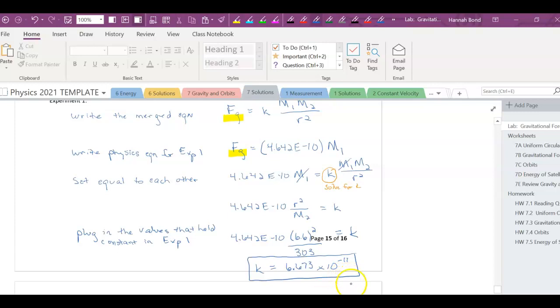And so if you get something that's different than this value, that means that either you've made a mistake in your calculation, and that would be the first thing I would check. Make sure that you did this math correctly. Or if you were doing the math correctly and you still got a value that's different than this, you made a mistake in taking the data as you were recording data for the experiment, and you will have to go back for that experiment and redo it.